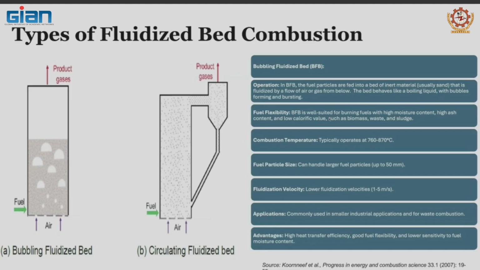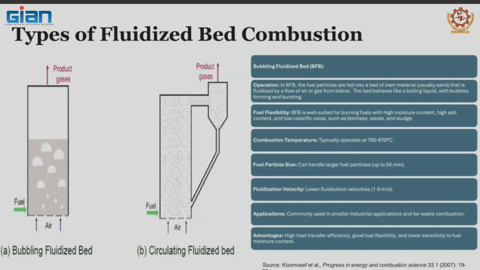You will say why? Because, as I'll point out later on, you have a large thermal mass here. Once the bed is running, combustion has taken place, and it reaches a steady state.